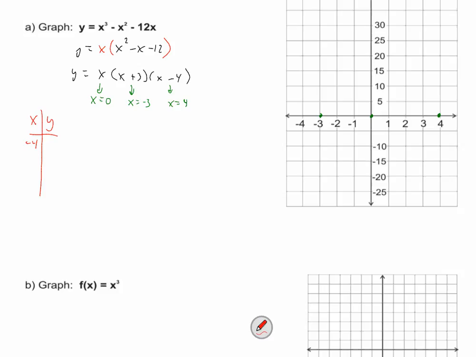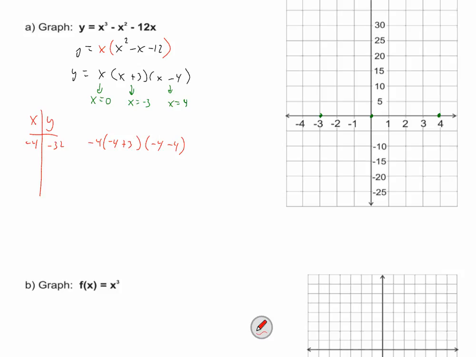Now, by the way, you can put -4 into the original function, or you could actually put it into the factored form, being we have everything factors nice and easily. It's a little quicker, actually. You can do it in your head. -4 plus 3, that second one is a -1. The back one is a -8. -1 times -8 is 8, and there's a -4 in front. -4 times 8, -32.